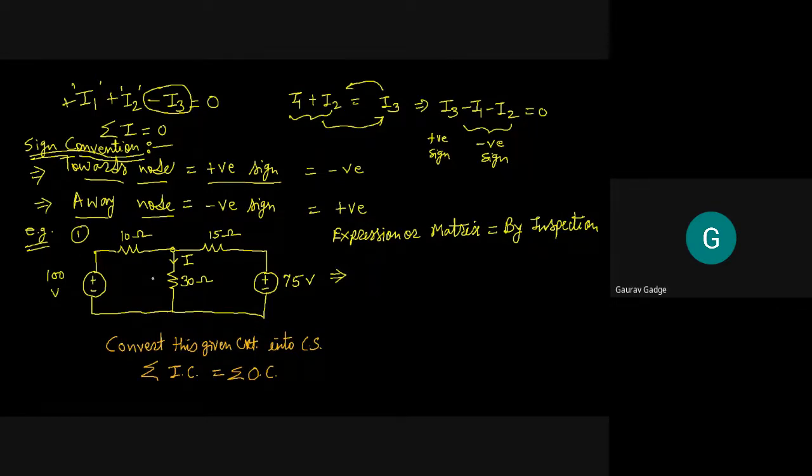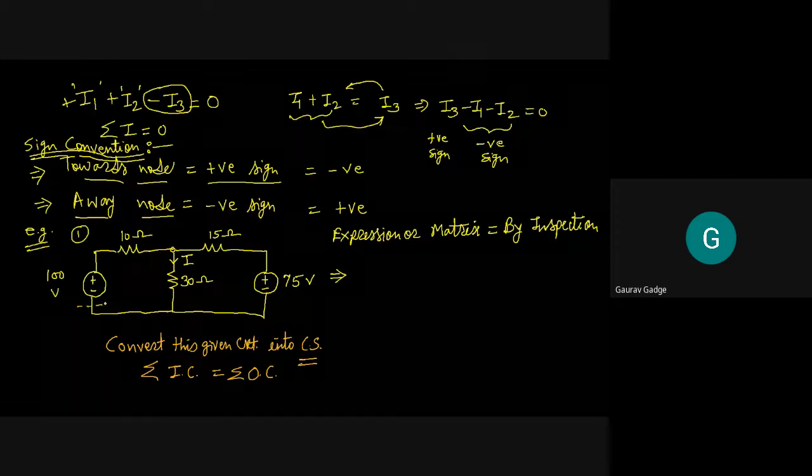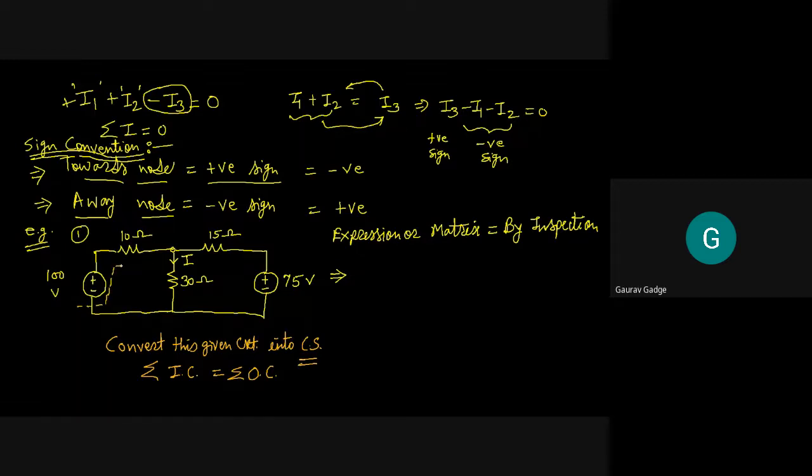So convert this given circuit into a current source. Now, how many voltage sources are present in the circuit? Just see. A voltage source means a voltage source with the resistance connected in series. So this is your first voltage source, and this is the second voltage source.